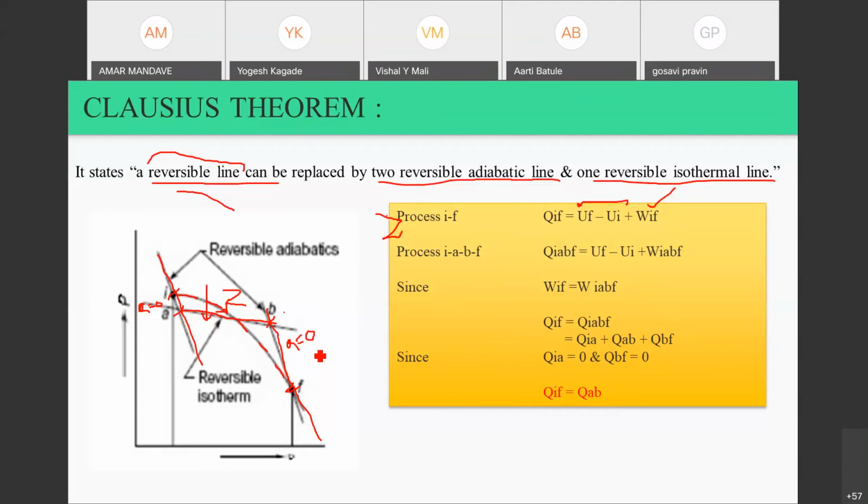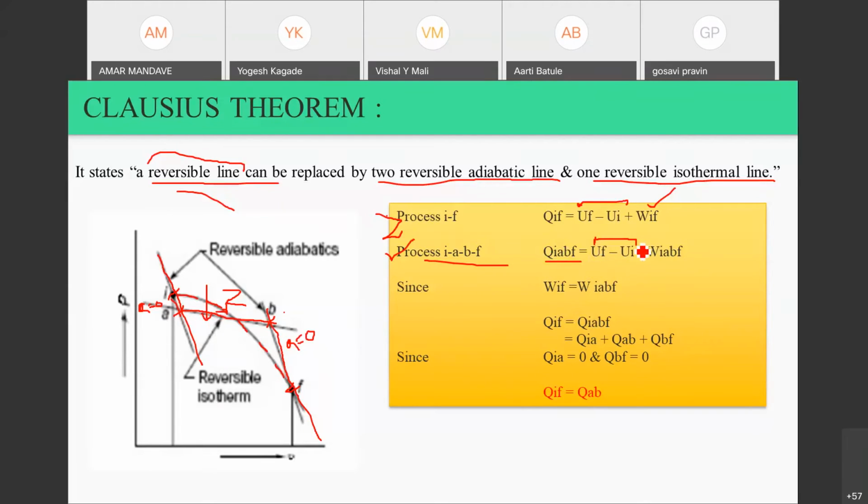So whatever the heat exchange during the process Z is only during the process A to B, the reversible isothermal process. Again we apply the first law of thermodynamics to the processes I to A, A to B, and B to F. For the process IABF, QIABF is equal to UF minus UI, the change in internal energy.